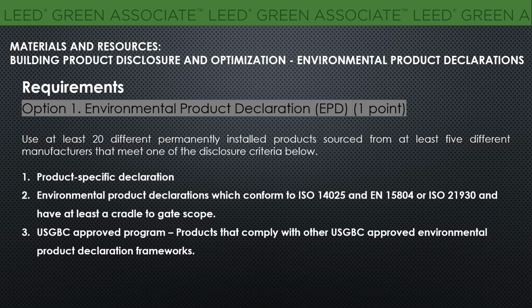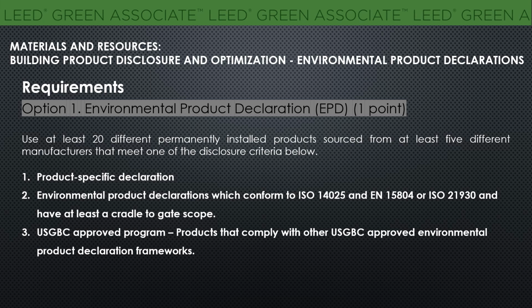There are 2 options for achieving this credit. Option 1 is Environmental Product Declaration, EPD, with 1 point. For achieving this option, use at least 20 different permanently installed products sourced from at least 5 different manufacturers that meet one of the disclosure criteria. 1, product specific declaration. 2, environmental product declaration which conform to ISO 14025 and EN 15804 or ISO 21930 and have at least a cradle to gate scope.